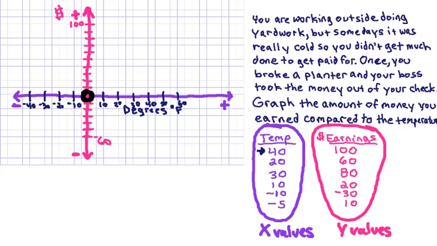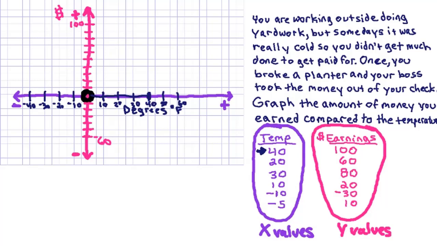So let's begin by trying to plot this out. Our first time we go to work, the temperature is 40 degrees, so that's going to be positive. So on our x-axis, we're going to go all the way over to 40 degrees, and that's right here.